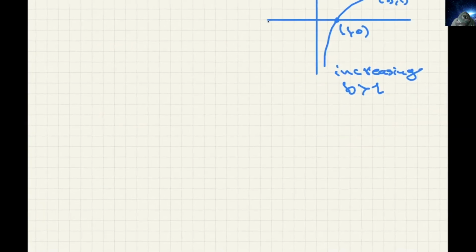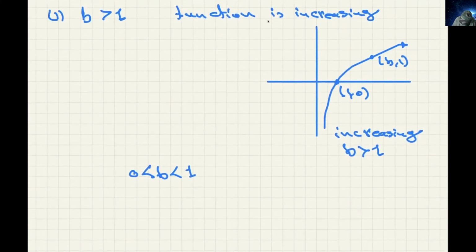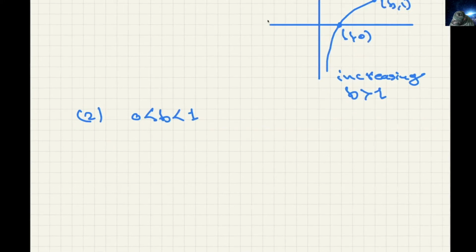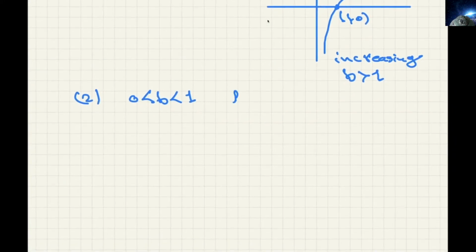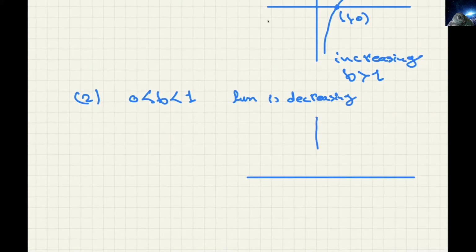The other case is b between 0 and 1. It's just a fraction, so it's case 2. For this one, the function is decreasing. And if we look at the function here, again, it must go through 1 and 0.